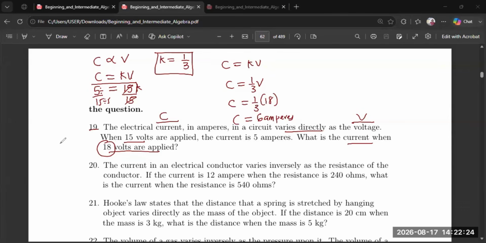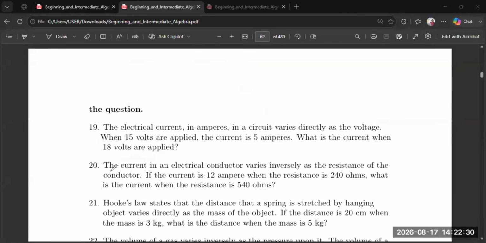Let's do question 20. This is on inverse variation, right? Let's see what question 20 has for us. Question 20 says the current in an electrical conductor varies inversely as the resistance of the conductor. So we're talking about the current in a conductor and the resistance in that conductor.